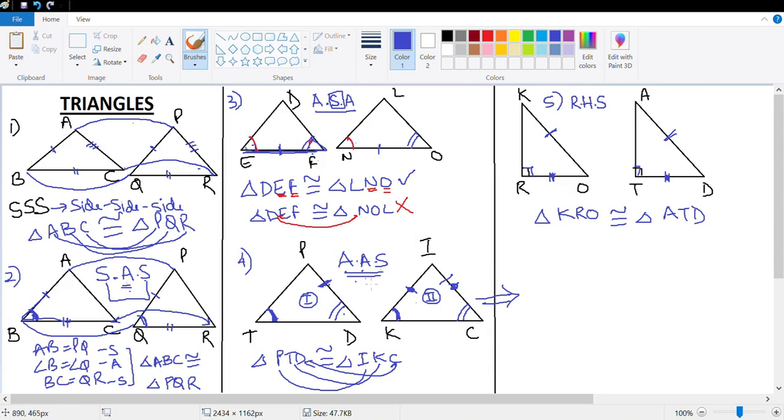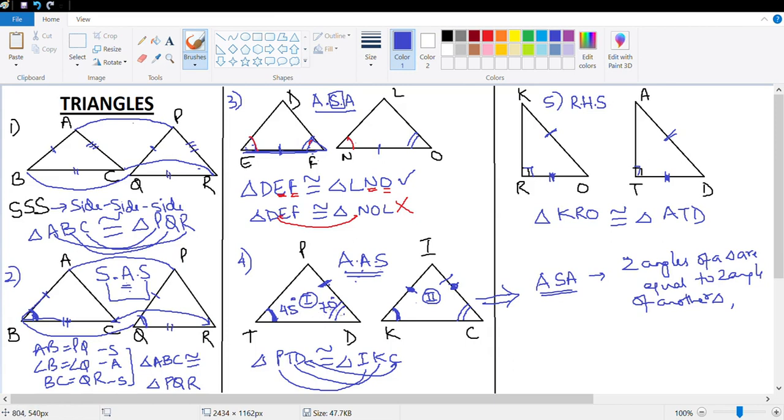I wanted to remind you, this test can also be converted into an ASA test, because if two angles of a triangle are equal to two angles of another triangle, then the third angle obviously is equal. Let's take an example. Let's say this is 45 degree. Let's say this is 70 degree.